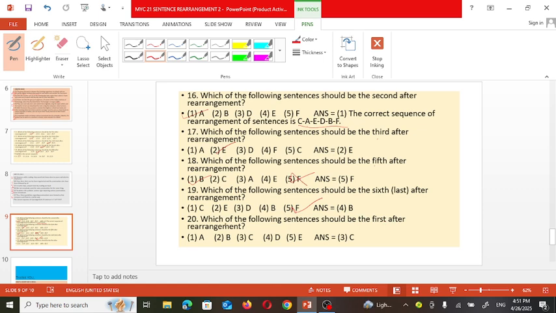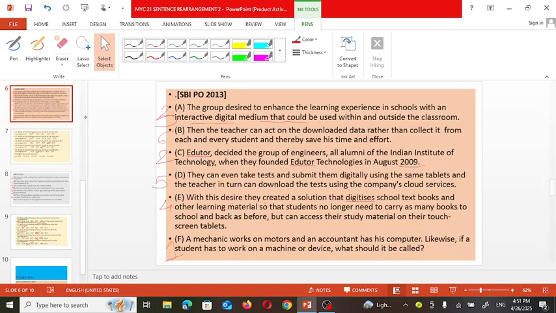And first after rearrangement, the sentence that can be the first, C was the first. So after observing all these statements, you are able to understand that this question can be solved easily if you make this arrangement first.